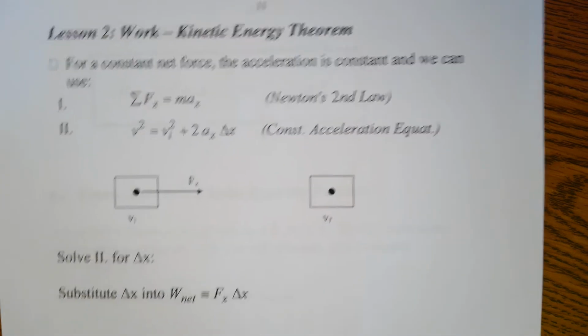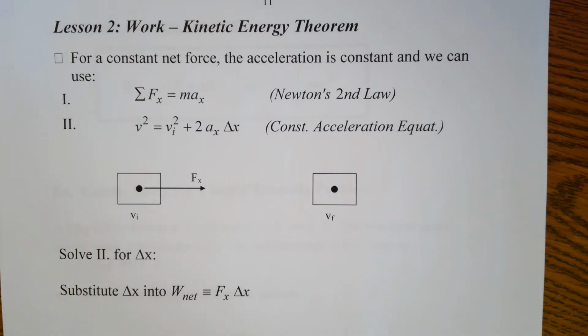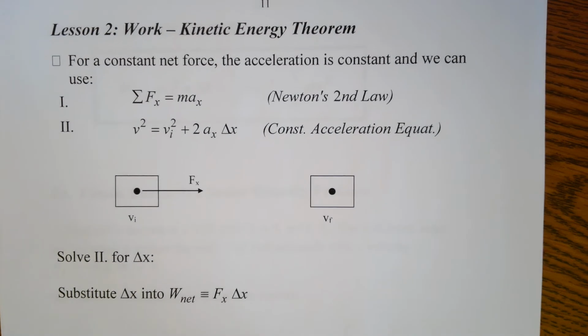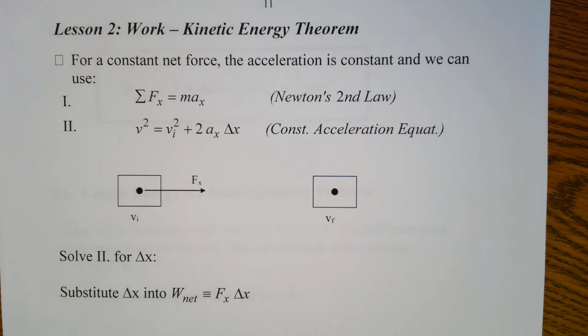All right, lesson 2. Work and kinetic energy theorem. So we were talking about how we put work and energy as putting the kinematics and dynamics together. First thing we learned about was kinematics, which is how things move, the behavior of motion itself.